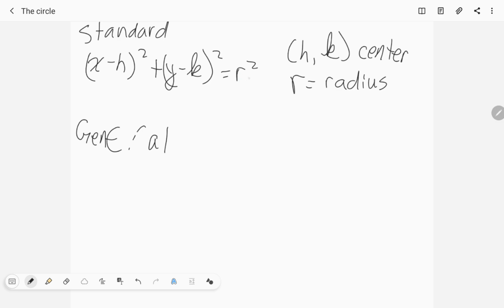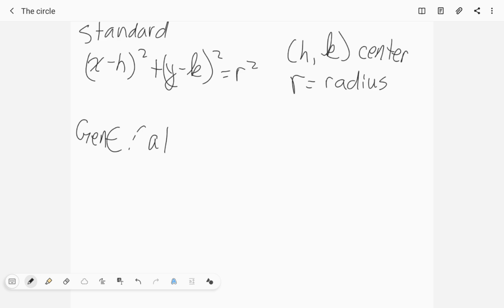But notice that this here is r squared, so if you have 16 there, it means the radius of your circle is 4. Also, notice it's x minus h and y minus k. So if you had (x minus 2) squared, your h is actually 2. I think of it as, if I'm taking it out of those brackets, I have to change the sign.